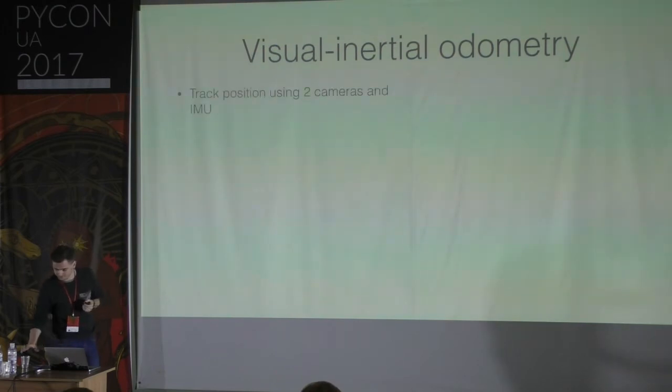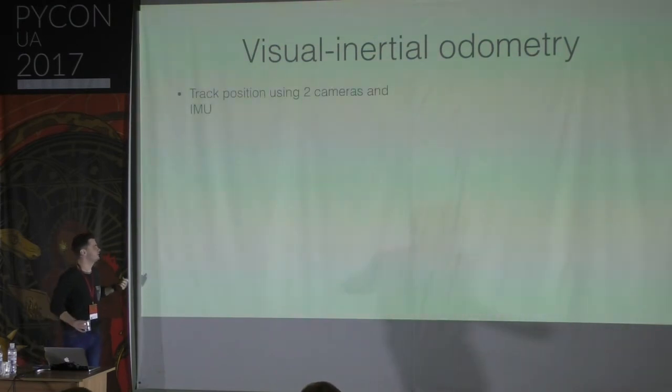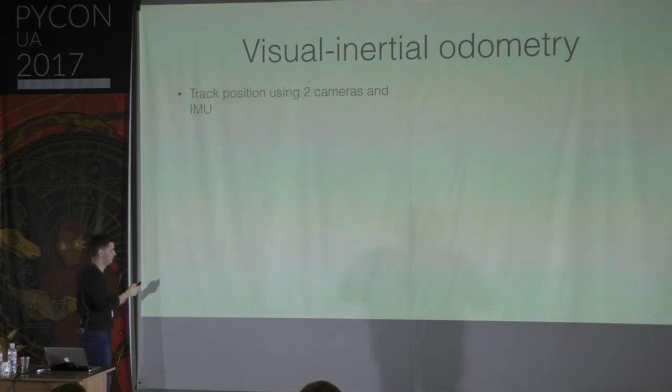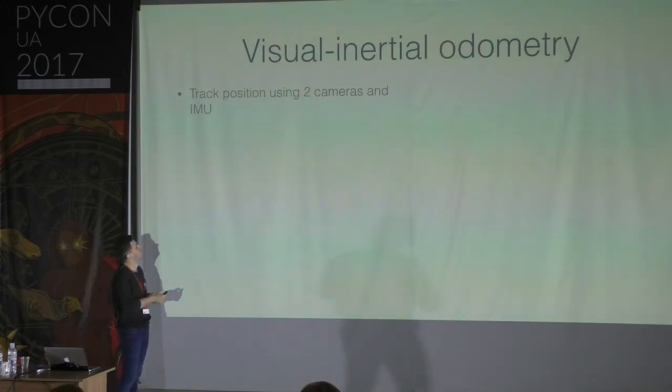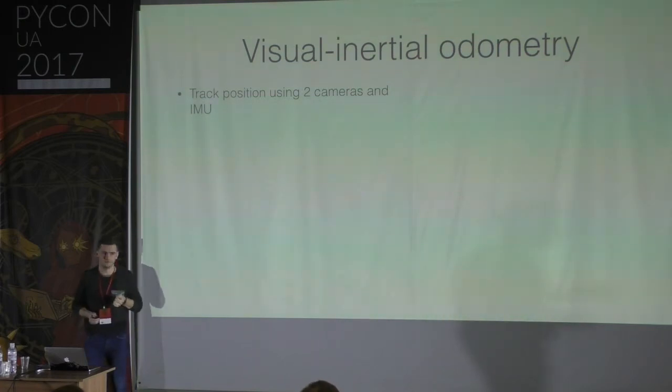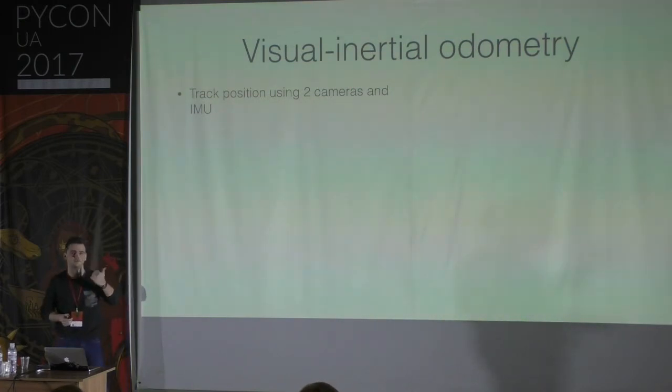Okay, so now I'm going to talk about what I have done, some projects of mine. This was my master thesis. It's called visual-inertial odometry. Here, visual means that we use cameras. Inertial means we use an inertial device called an IMU, an accelerometer and gyroscope, which you have in your phone.